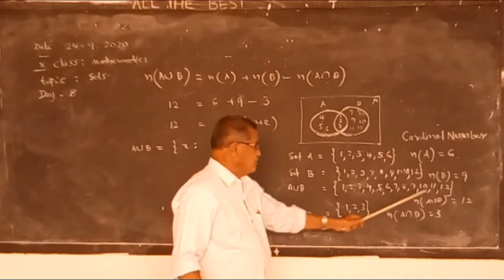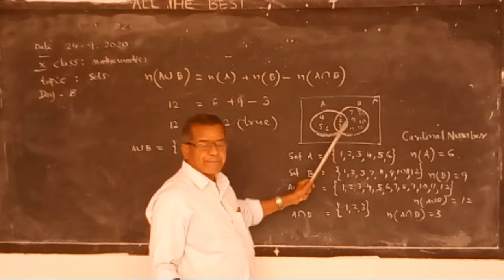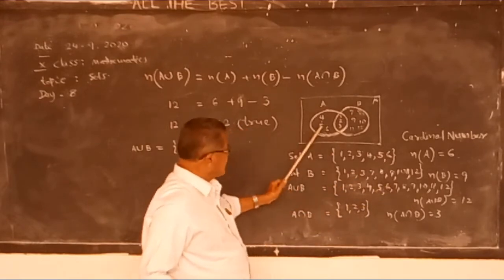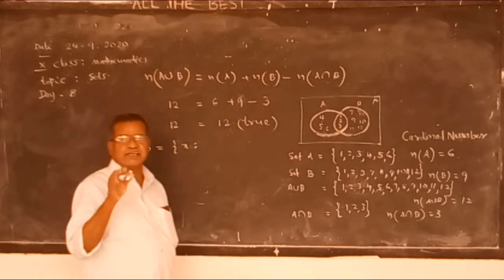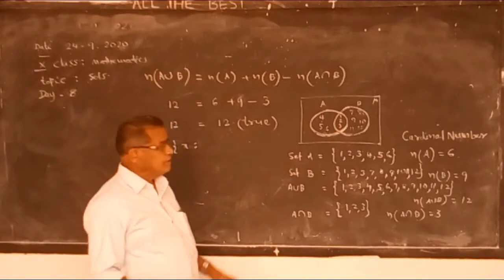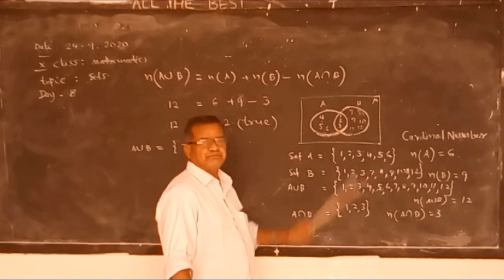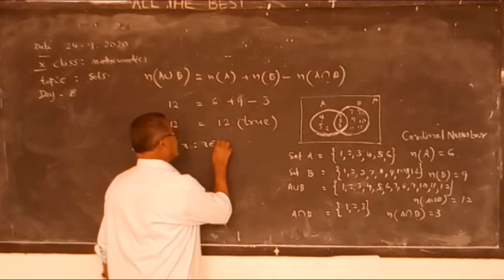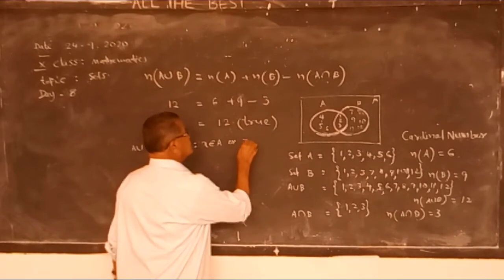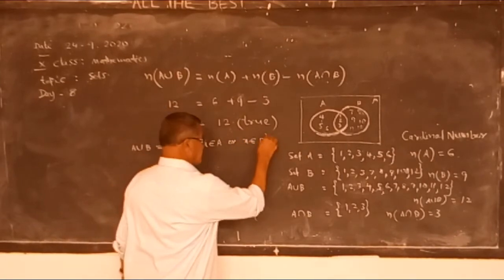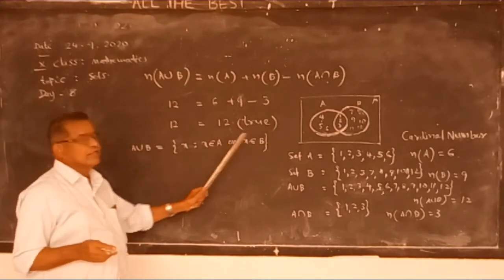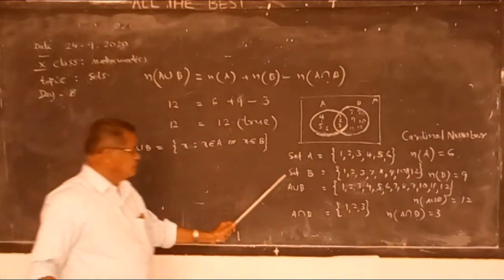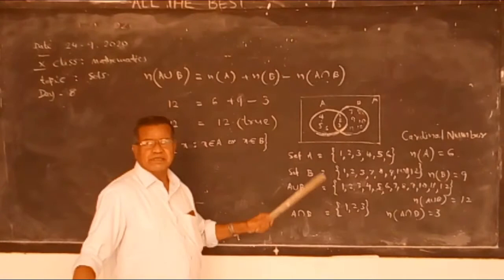Suppose you take the element 11. 11 is lying in set B. You take another element, 6. 6 is in set A. So if an element is there, it must be present in either A or B. Here we apply: x is such that x belongs to A or x belongs to B. This is the way of writing union in set builder form.